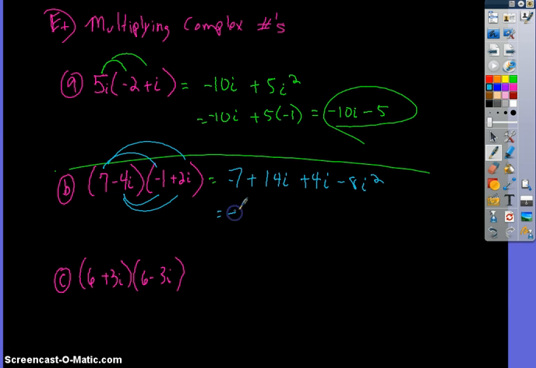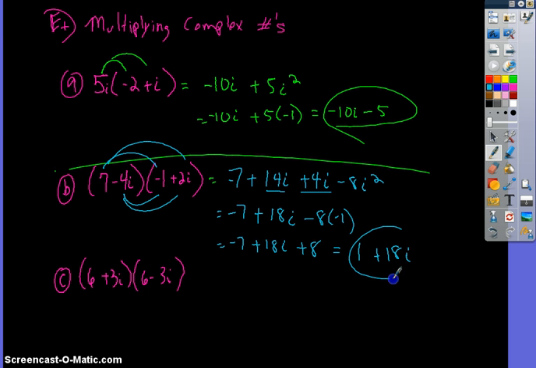So it gives you negative 7 plus 18i, because these have to be 18. Subtract 8 times negative 1 makes it negative 8 times a negative 1. Meaning this is negative 7 plus 18i plus 8. So these are now like terms. Negative 7 and 8 have to be a positive 1. So 1 plus 18i is what you get after you fold those two together.